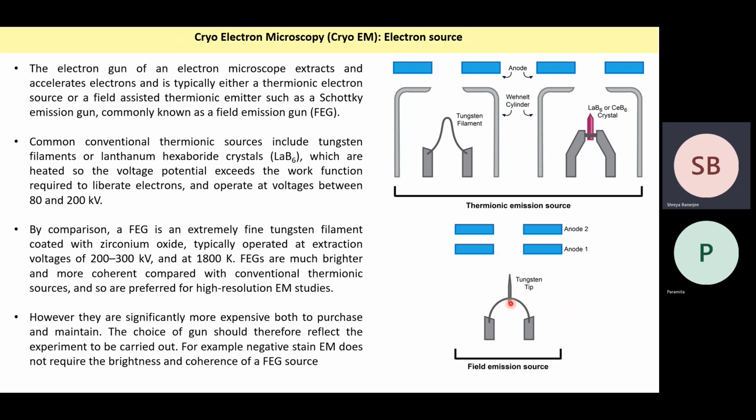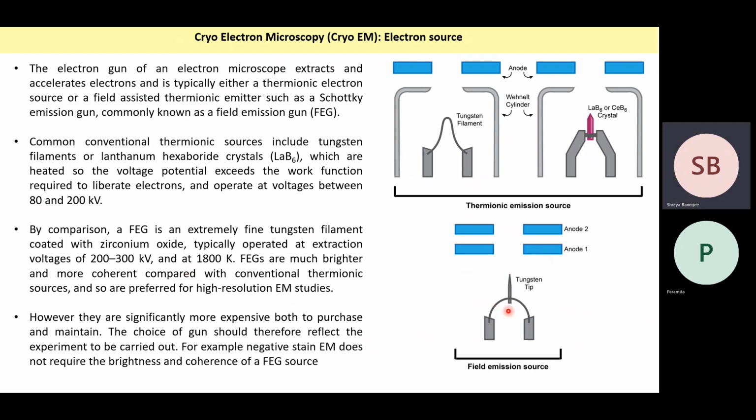Here, it is not heating that causes the emission, but two anodes which create a very strong positive electric field, which withdraws the electrons from the fine tungsten tip.